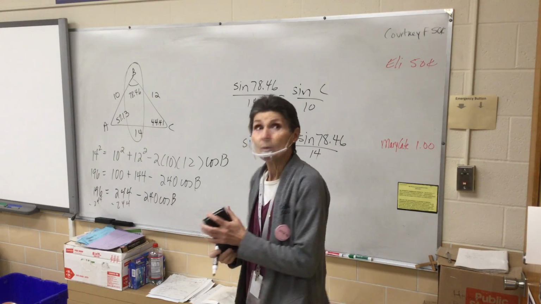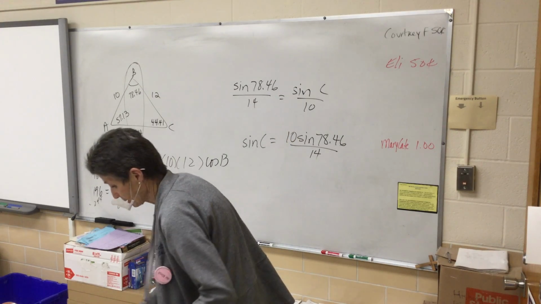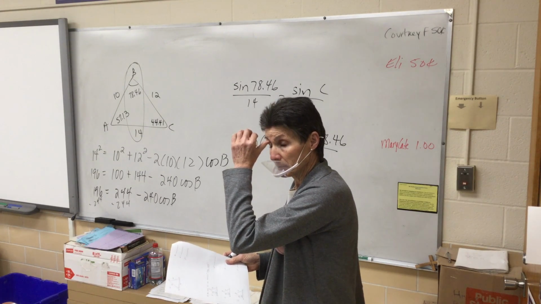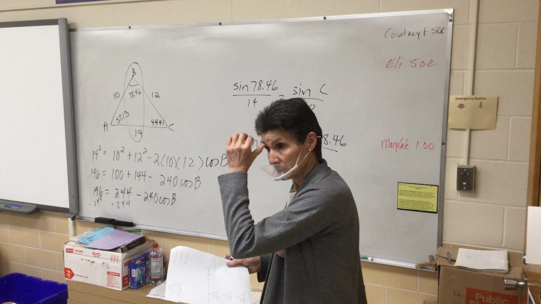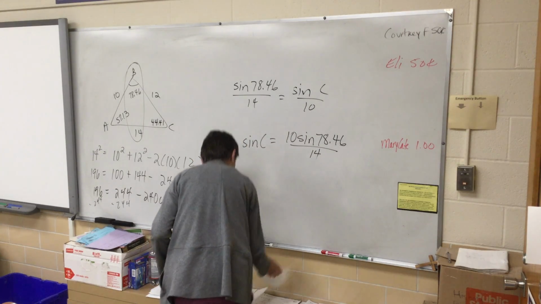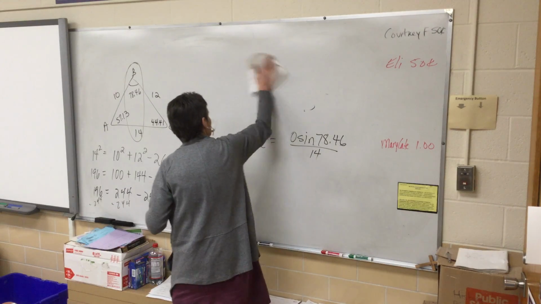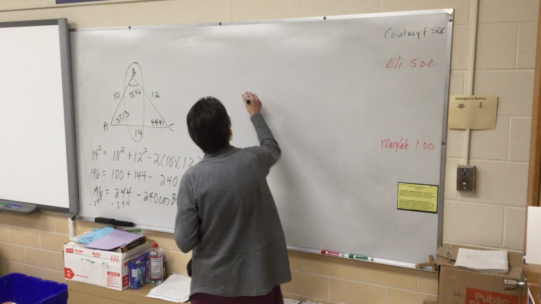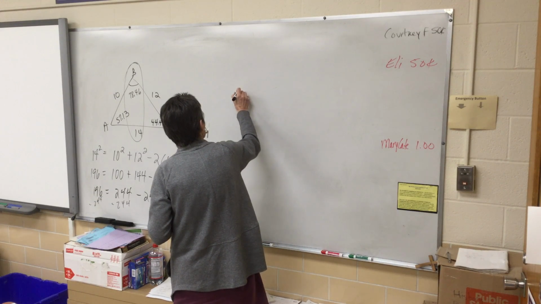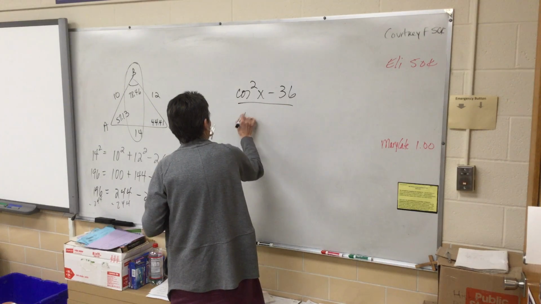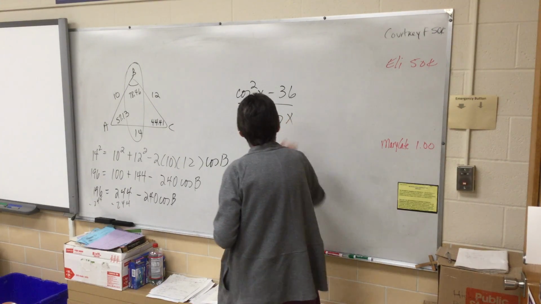All right, who else has a question about something we need to practice again more of? Let's simplify this. What about cosine squared minus 36 over 6 plus cosine?